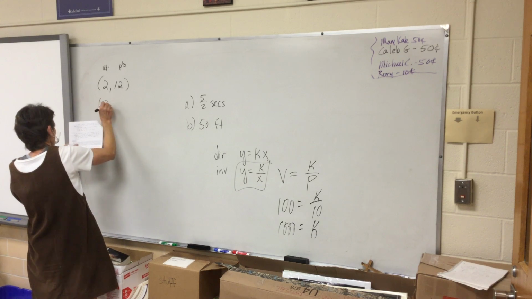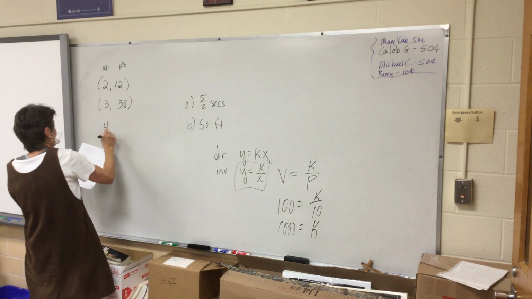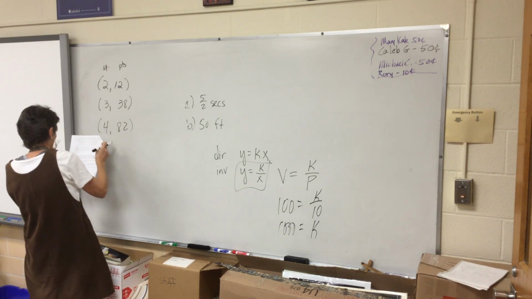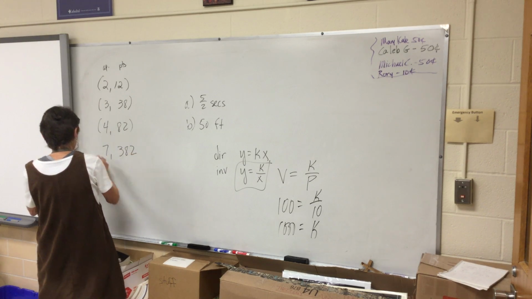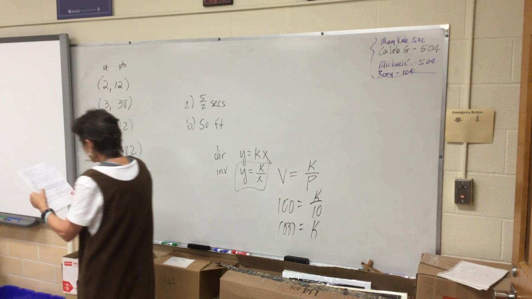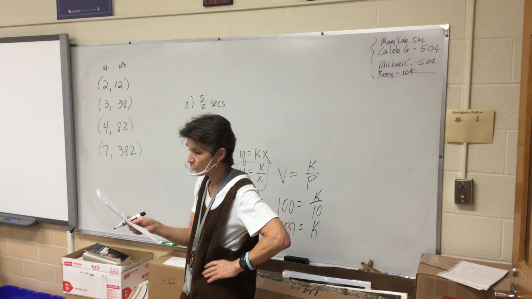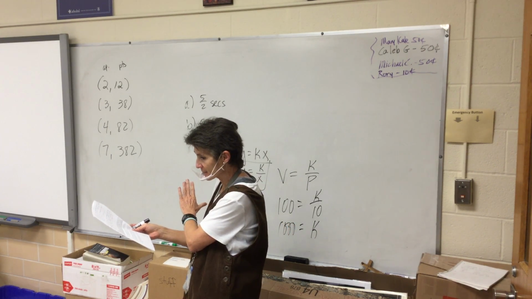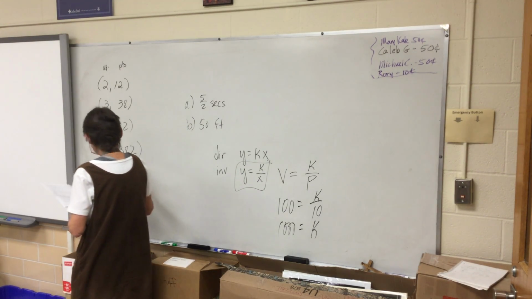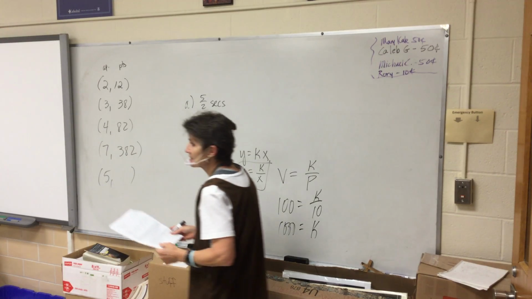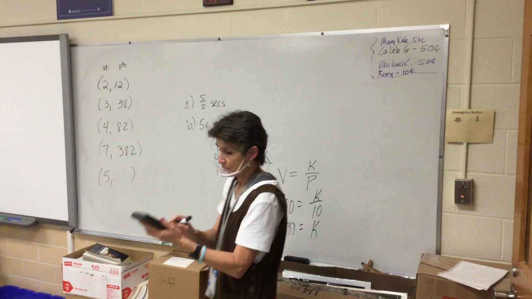And then 3 was 38, 4 was 82, 7 was 382. All right. Using the cubic regression feature of your calculator, write an equation to describe this, and then figure out if he forgets 5 apostrophes, how many points he will lose. All right, so you know what to do.